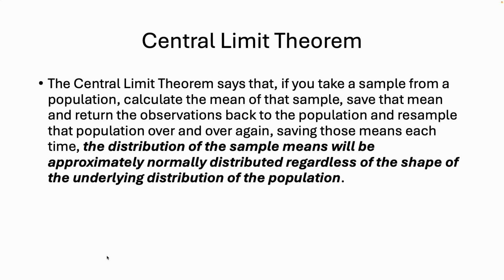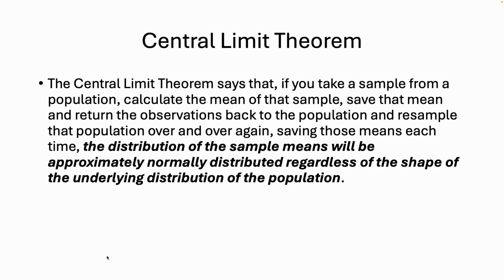So the central limit theorem basically says that if you take a sample from a population, calculate that mean of that sample, save that mean, return those observations back to the population, resample that population over and over again, saving each of those means each time, the distribution of sample means that comes out of that sampling process will be approximately normally distributed regardless of the shape of the underlying distribution of the population.